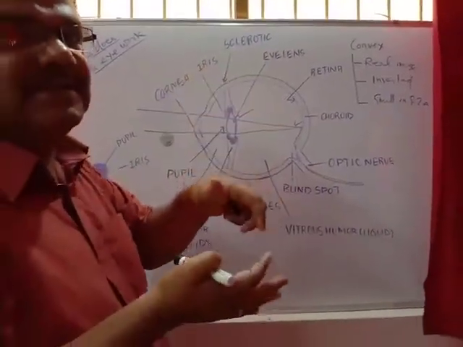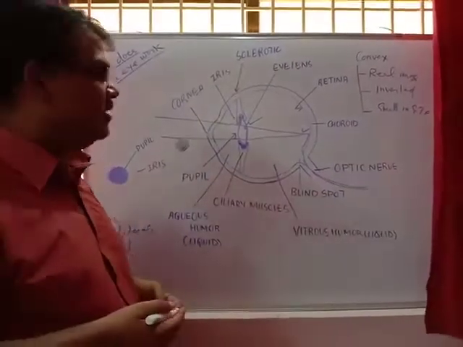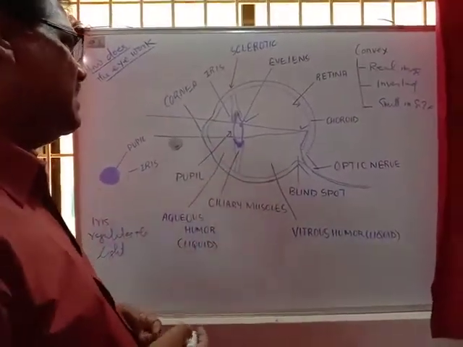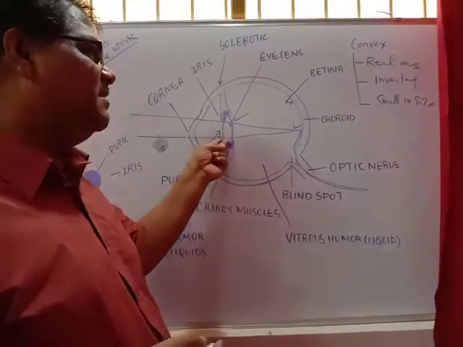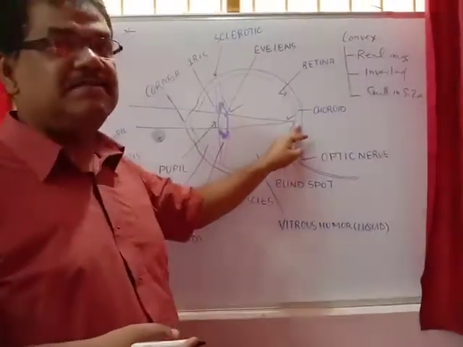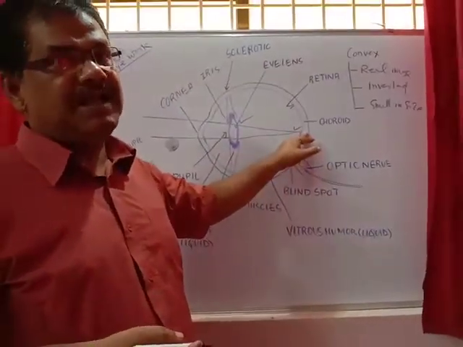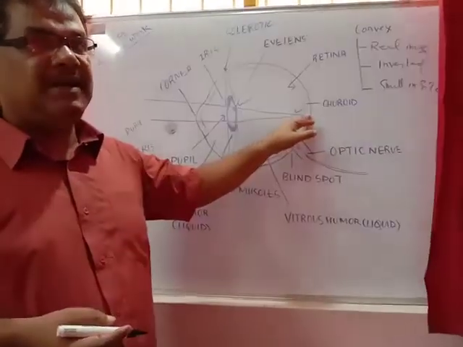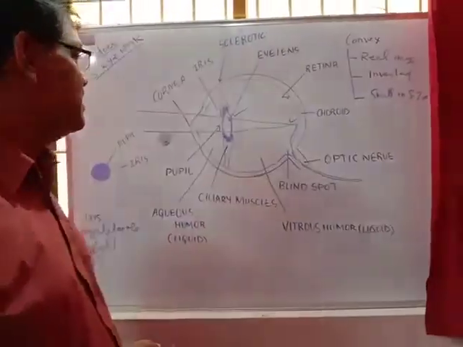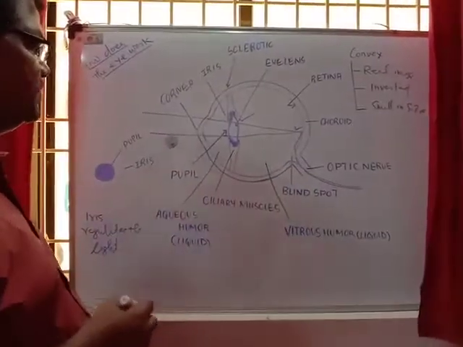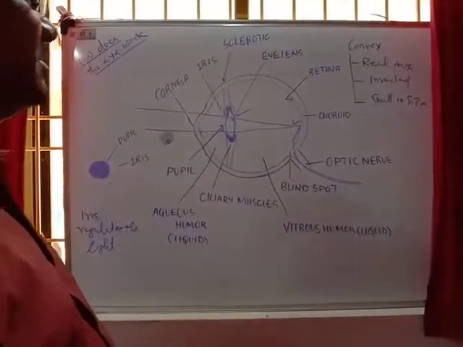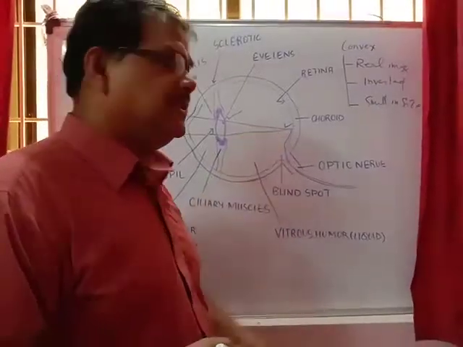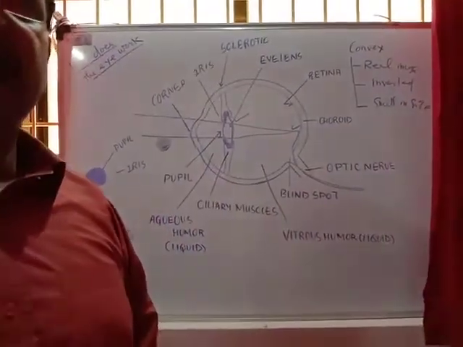Due to that, the aperture of the eye lens will be changed, and finally the image will be formed on the retina. It is a must that for the normal eye, the image should fall on the retina. This is the way the eye works, and we can see the images with the help of the eye. Thank you.